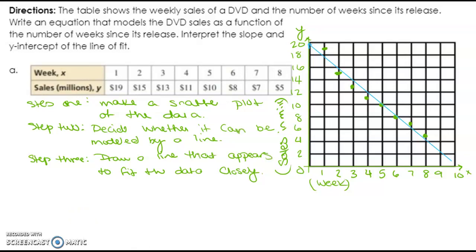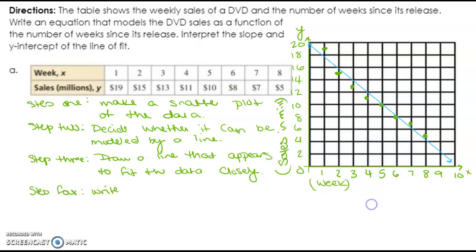This is the general trend that we have going. If you notice, I do hit some points, but I have just about as many points underneath the line as I do above the line. Underneath I have 3 points, and above the line I have 3 points. Remember back to when we were talking about definitions, when we're drawing our line, we want approximately the same amount above as we do below.